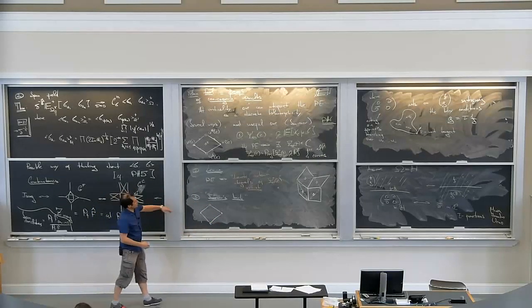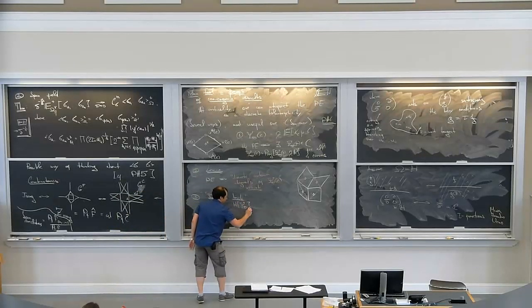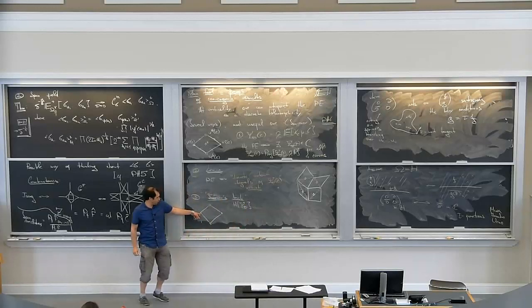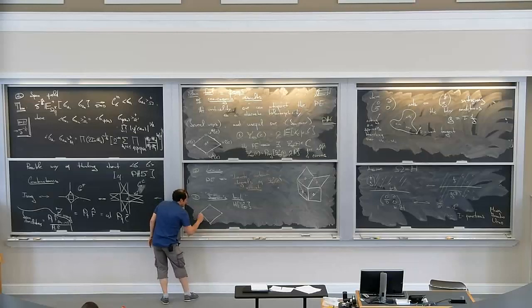So given a function psi, let me define the function h of this psi, which is now a function on vertices and faces of the original graph. And the rule is the following.